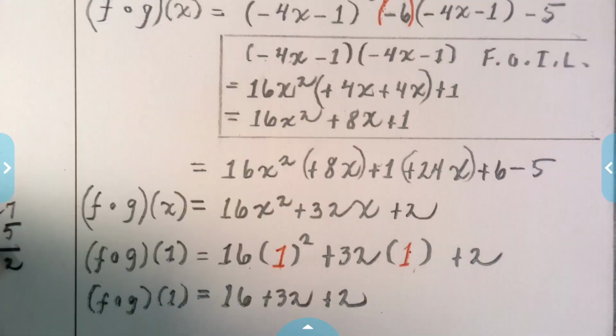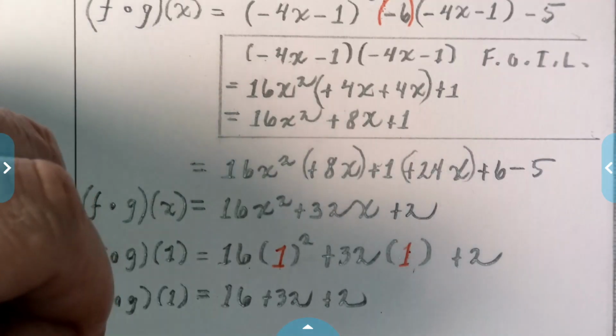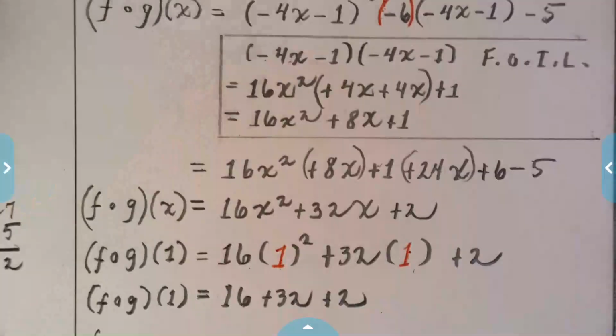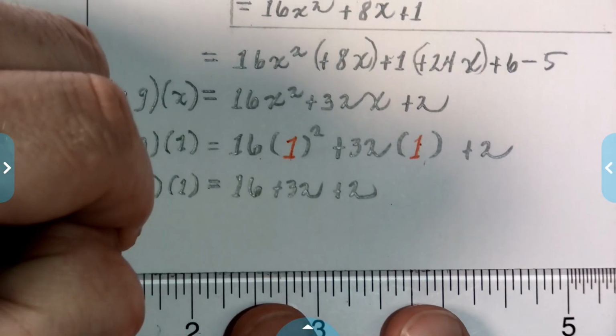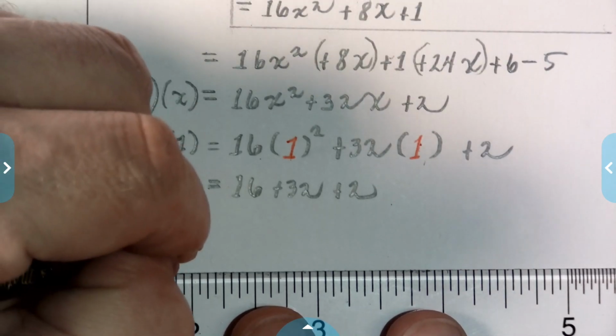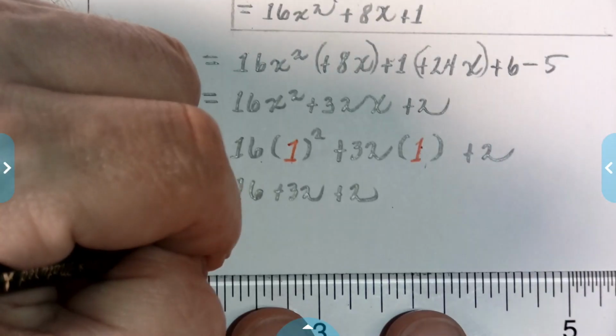Okay, so 16 plus 32 is 48, plus 2 is 50. Let's just check again. 42 plus 6 is 48, plus 2 is 50. Yep, so final answer, I'm going to write it in a different way. f of g of 1, identical to what I've been writing the whole time, equals 50.